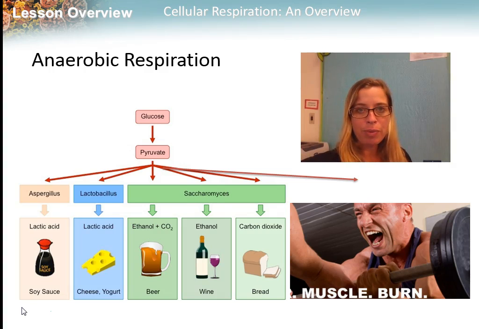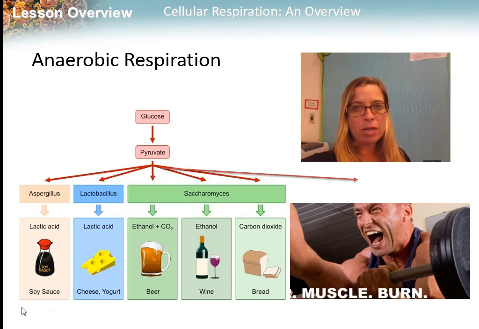And in anaerobic respiration, pyruvates are further broken down into all sorts of different products. But the same thing every time this process happens is that it is someplace for the electron carriers to drop off their high energy electrons so they can come back and pick up more high energy electrons as glucose is broken down in glycolysis.